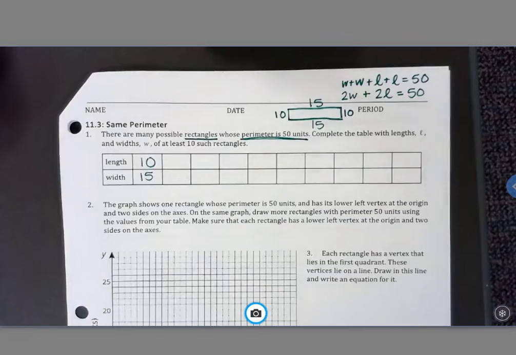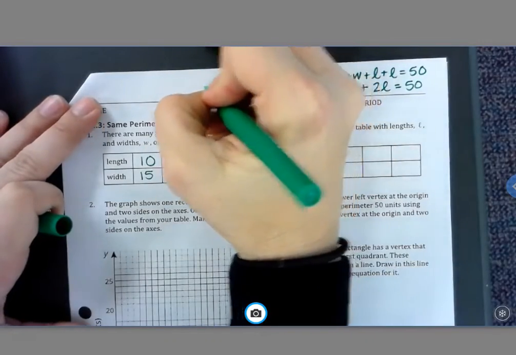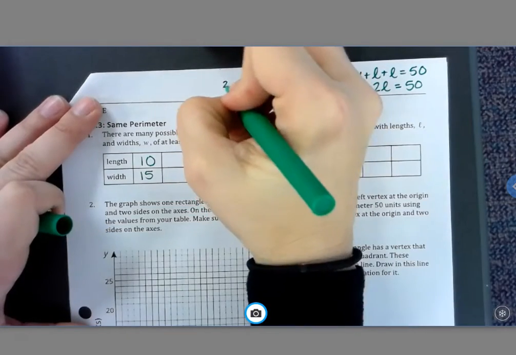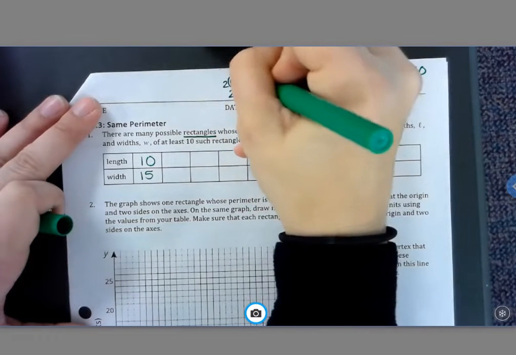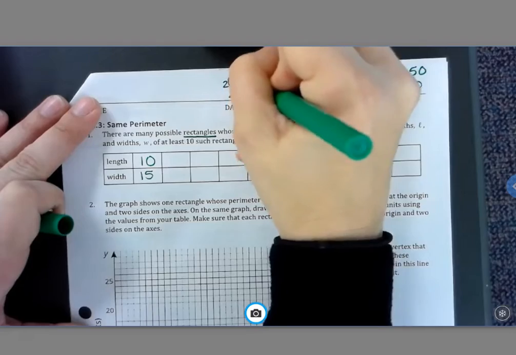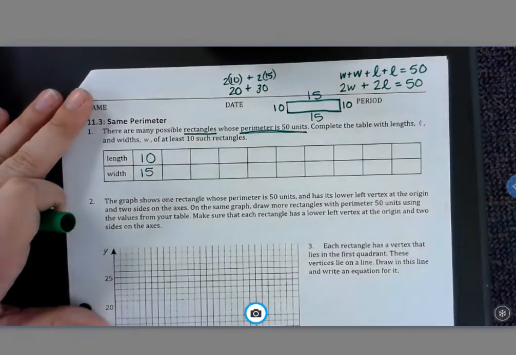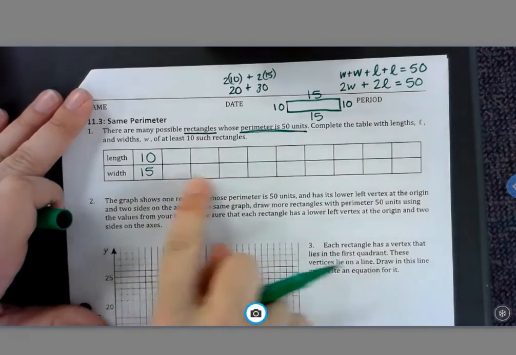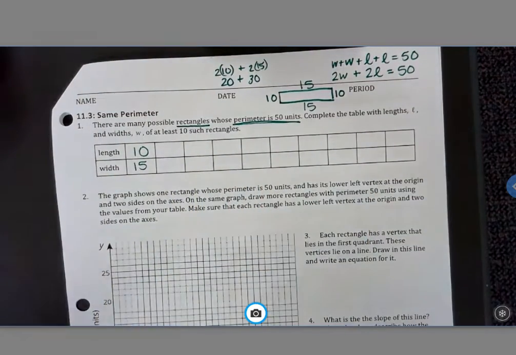We came up with one together, so the length of 10, so if I took the length of 10 times 2, I get 20. And if I added that to the width times 2, I get 30. And 30 plus 20 is 50. So what we were in the process of doing is coming up with all the different rectangles that we could possibly have measurement-wise.